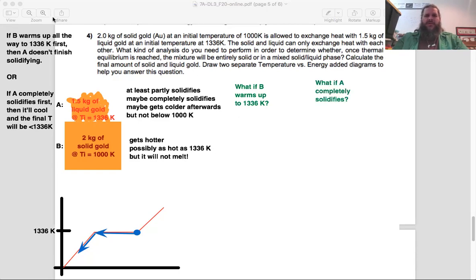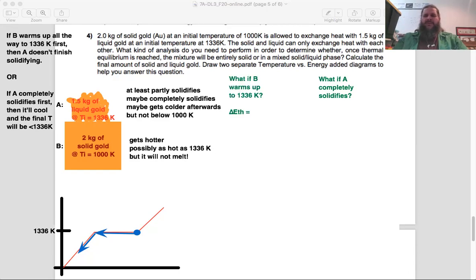And to check both of those, we can analyze how much energy each one of those is going to take. For example, if B is warming up, what type of energy does that involve? Yeah, that'll be thermal energy.